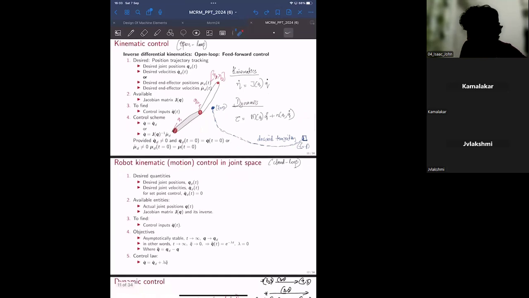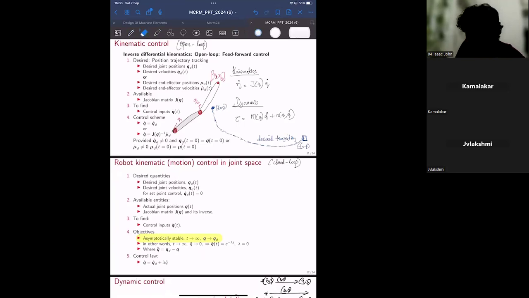In the next slide, you also have an additional requirement, and it is actually a very important thing. You want your controller to be asymptotically stable. I'll also try to explain one of the most important differences between these two schemes.